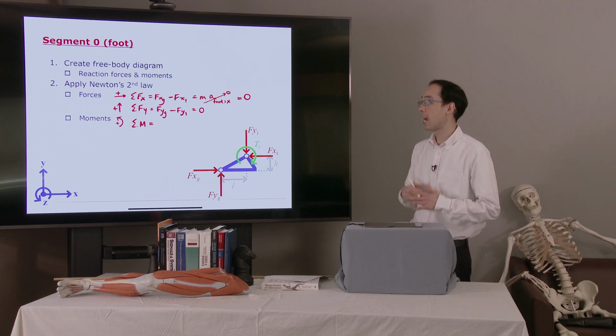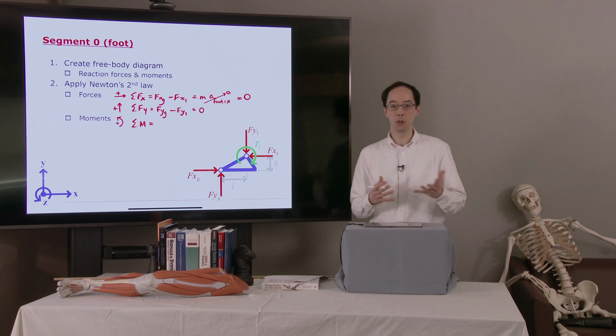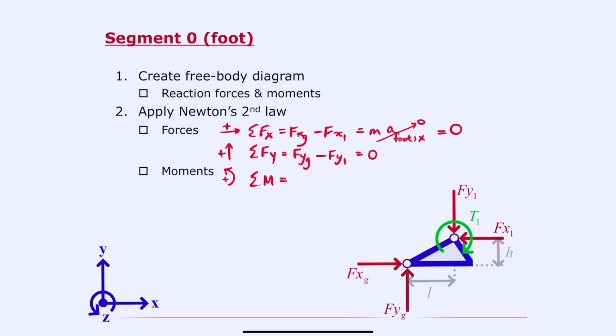We could take moments about any point. The foot has no mass, so we could concentrate the 0 mass at any point we choose. But we'll pick the ankle as the point about which we take moments, simply because Fx1 and Fy1 will not have a contribution when we compute moments about that point. We'll see when we write out the equations why this is convenient.